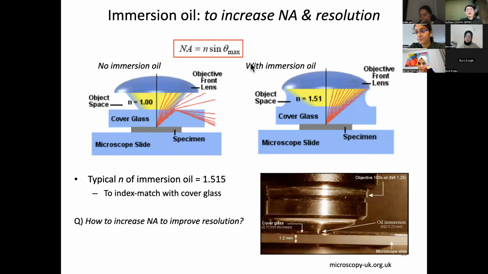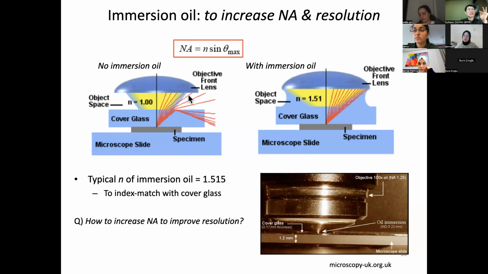All right. For some microscopes, you're going to use water immersion or oil immersion, and let me try to explain why. Here you can see the objective lens, the first lens, a specimen, let's say cells, and a cover glass. The thing is, when rays of light go from high refractive index to low refractive index, they may bend and go outside, so you will not be able to see this information.